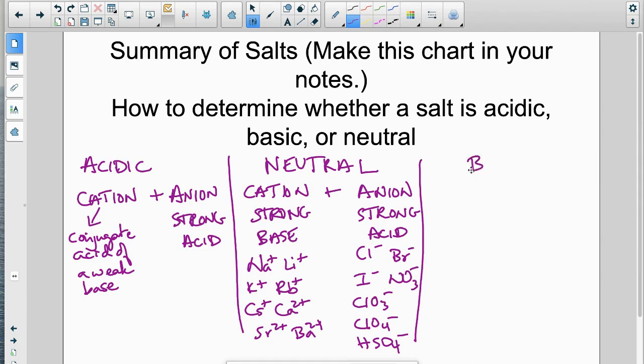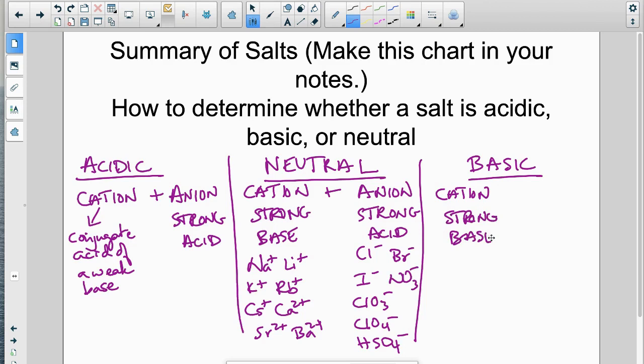If we have a basic salt, then our cation comes from a strong base. It's one of these cations here. The anion is the conjugate base of a weak acid, right?